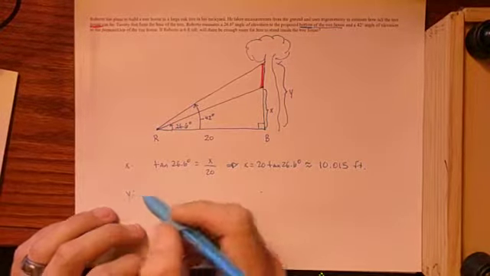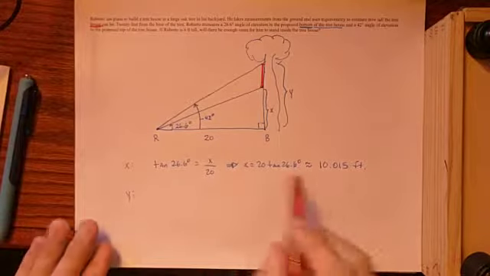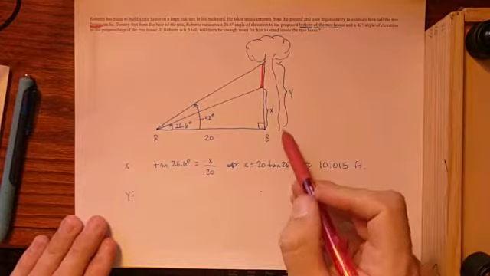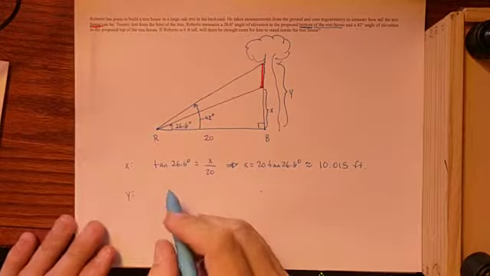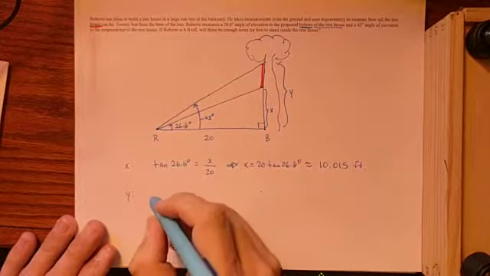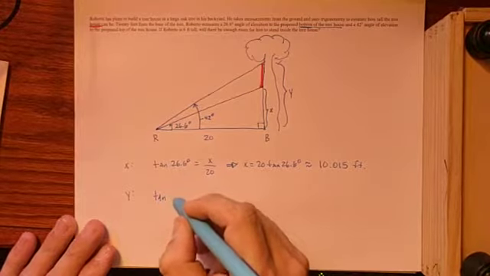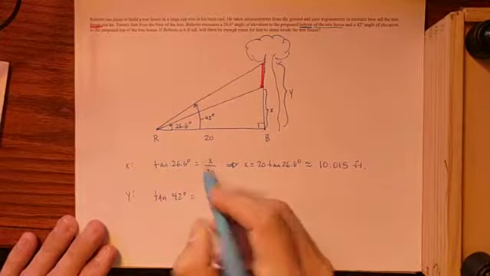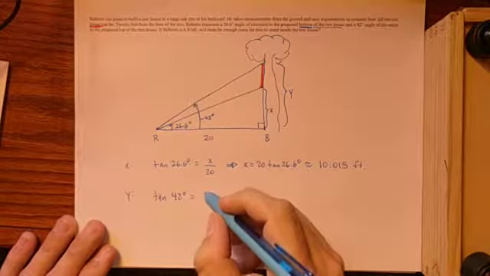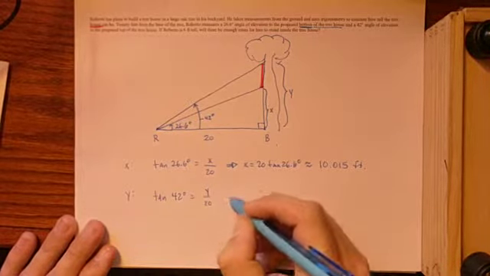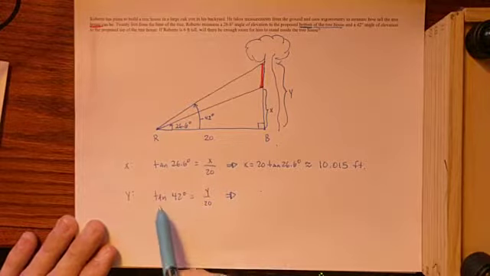So to find out what Y is, this entire length is Y. Now we want to do the tangent of 42 degrees, because now we're looking at this big right triangle, and that's going to be Y over 20. Let's review why that's happening.